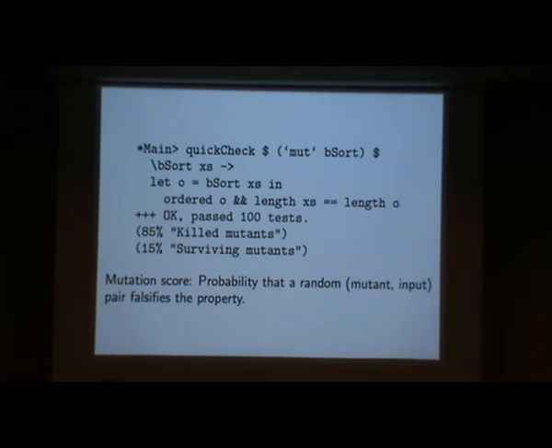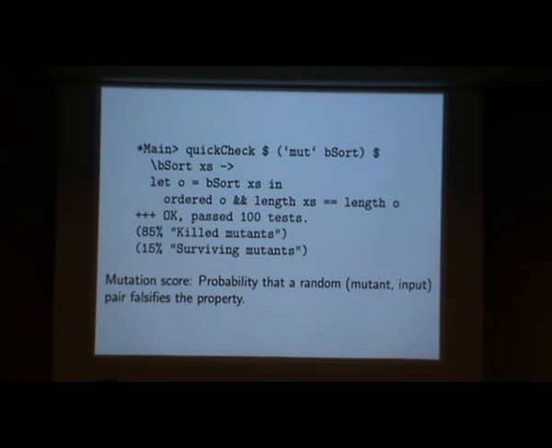Like here I specify the sorting function by saying that the output is ordered and the length is unchanged, and then I get an 85% mutation score. If I didn't check the length, I would get the lowest score, 50%.